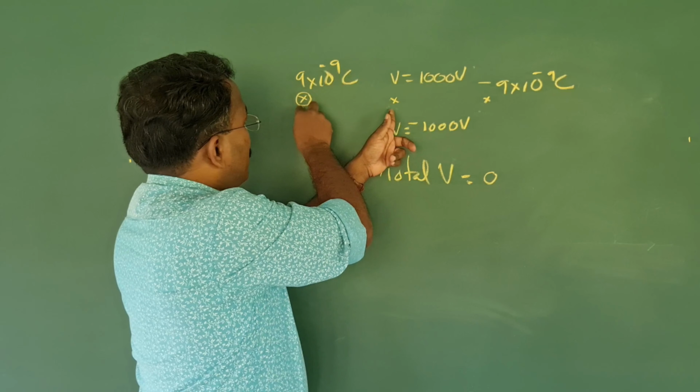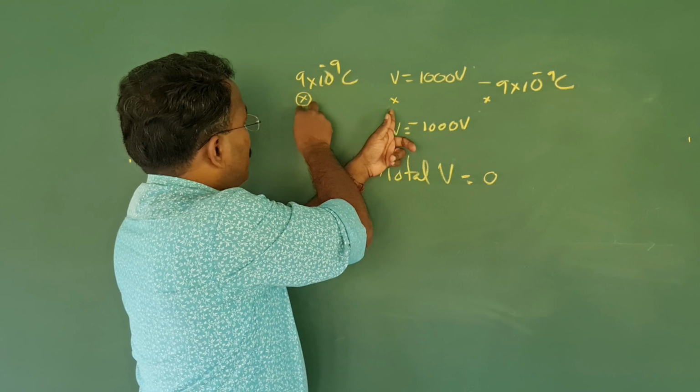In this equation, you have to put a minus sign for Q and all the values will be minus. That means a positive charge produces a positive potential and a negative charge produces a negative potential. But remember, electric potential is a scalar quantity. It is not a vector quantity.